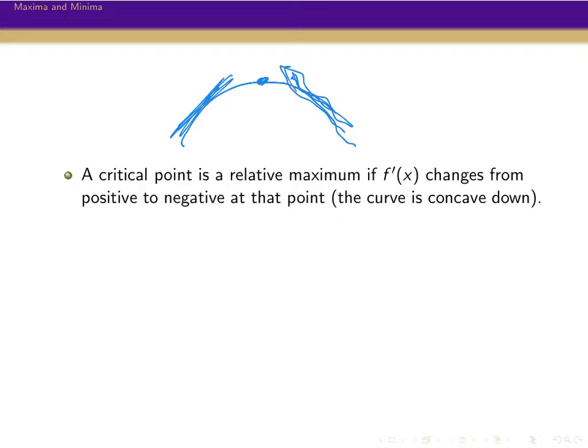So for a relative max, the slope at that point is changing from positive to negative. Another way to think about it is, this is curving down. So the second derivative, if it exists and is non-zero, has to be negative, right? And so this is saying the second derivative has to be less than or equal to 0.